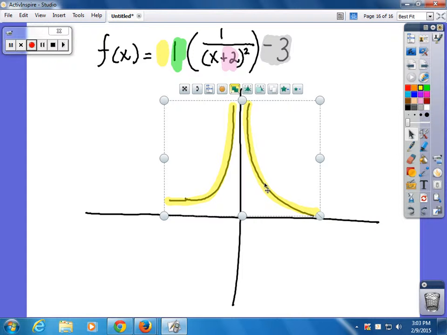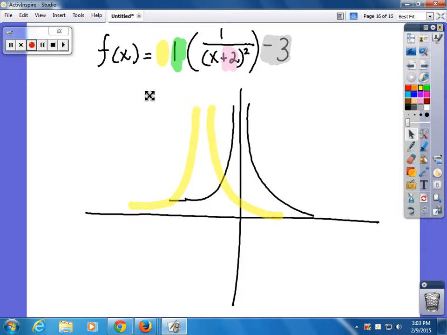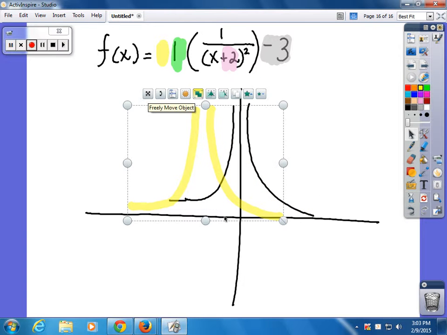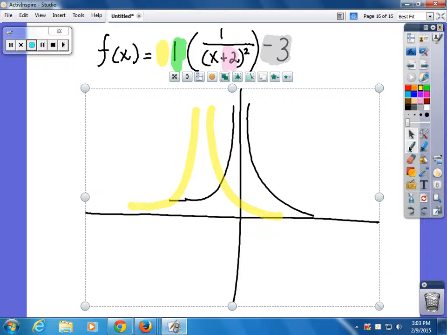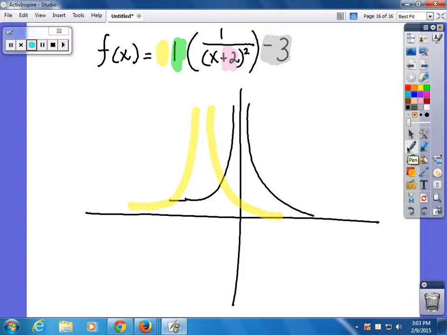You're going to move 1, 2 to the left. So that means that the middle of this volcano is going to move 1, 2. We're just going to use the yellow one, okay? So your new origin is right here. Okay, so there's that. The gray tells us to move what?